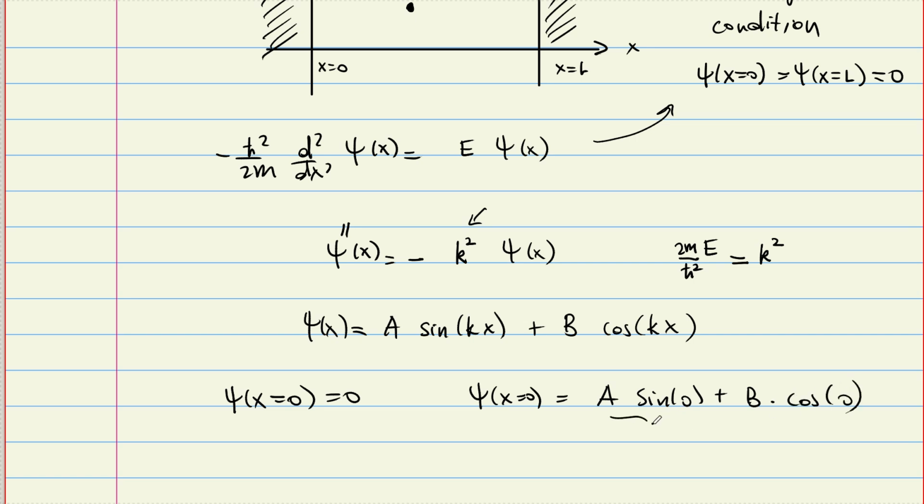I know sine 0 is 0, so this side is 0. But cosine 0 is 1, and this thing should be 0. That means b is equal to 0. So I eliminated one arbitrary constant from here. Is that clear? Any questions?